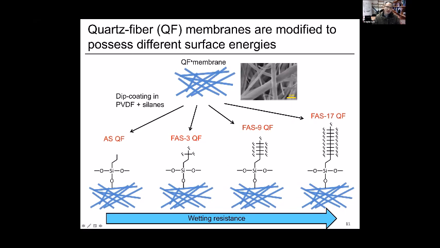We started with quartz fiber nanofiber membranes, and then we coated this membrane with 4 different silanes, from short chain alkylsilane to long chain fluorinated alkylsilane. So we can anticipate that these membranes have lower to higher wetting resistance from left to right.